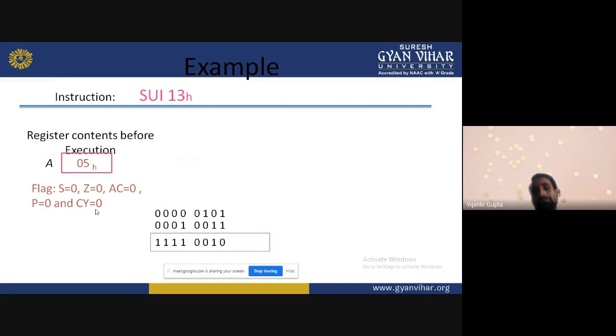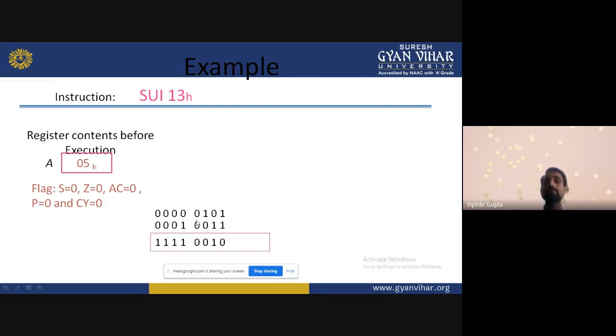So how will we subtract 1 minus 1? It's 0. 0 minus 1, it's not possible. So what we are doing? We are taking 1 borrow from the next bit. So 10 minus 1, it's 1. When we are taking 1 borrow from the next bit, then 1 minus 1, it's 0. And 0 minus 0, 0.